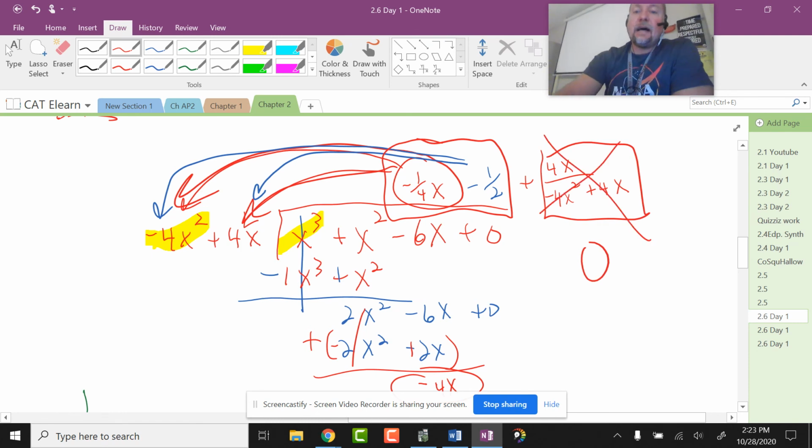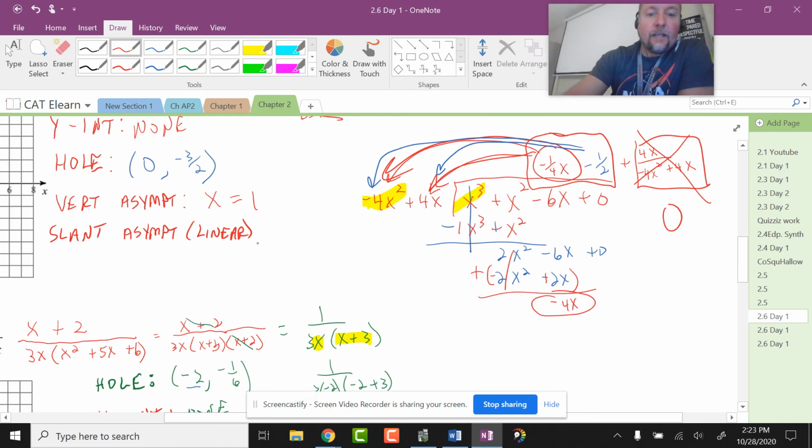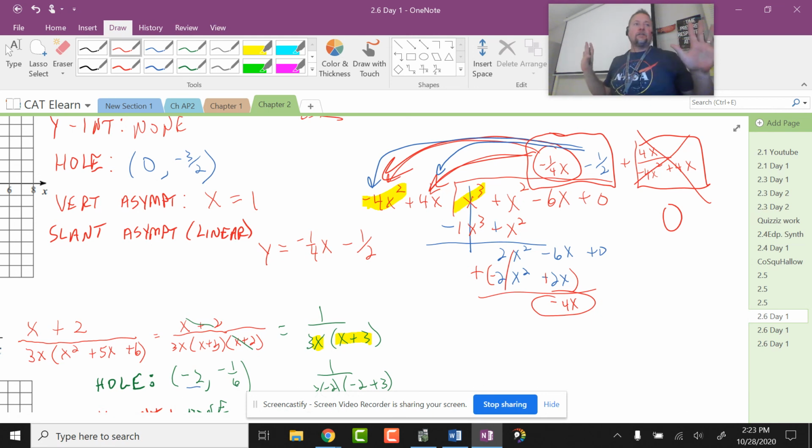So what they do is they lop that off and not write that for the equation of the slant asymptote: y equals negative 1/4 x minus a half. If you put the remainder in there, I'd be fine. It's okay.